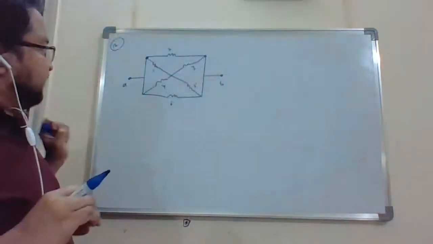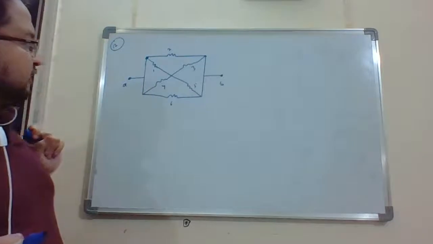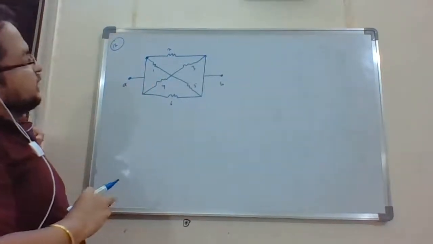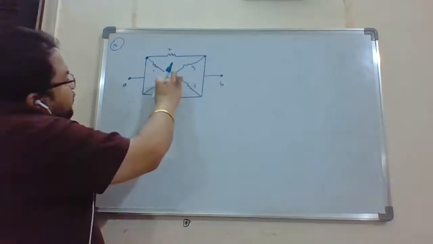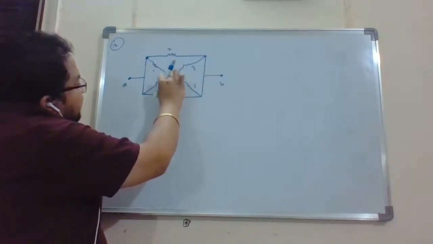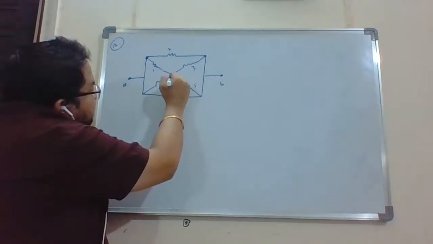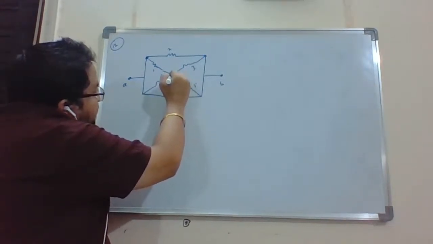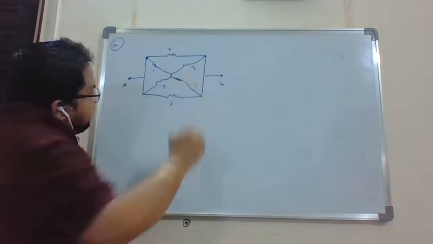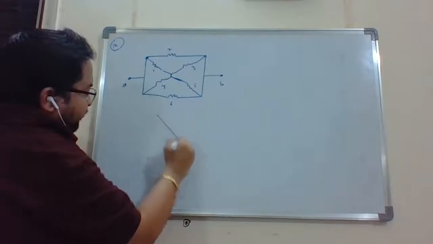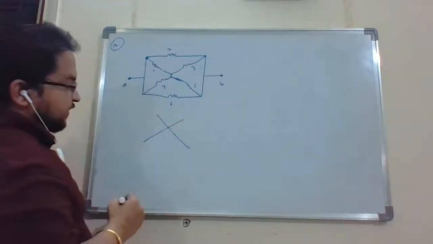Now let us see how I would redraw this circuit. So if this circuit is like this, right? Suppose I'm an electrician. Can I make a circuit like this? See, I have not changed any resistor. All that I have done is, this was connected like this, right?